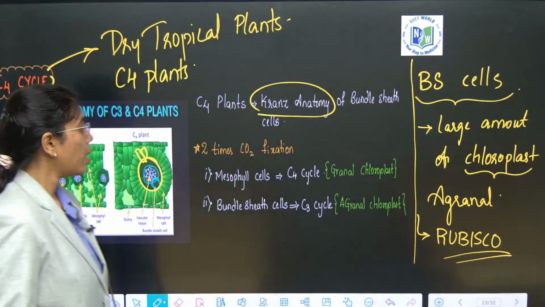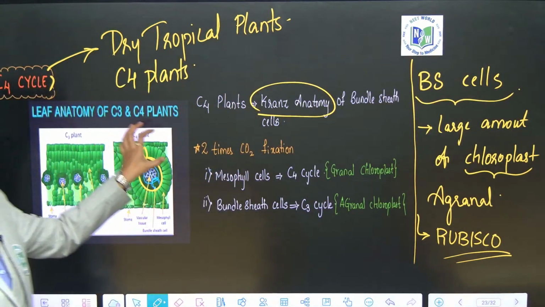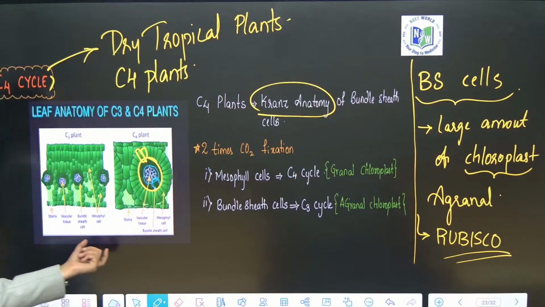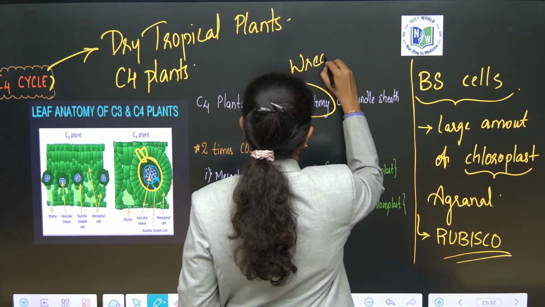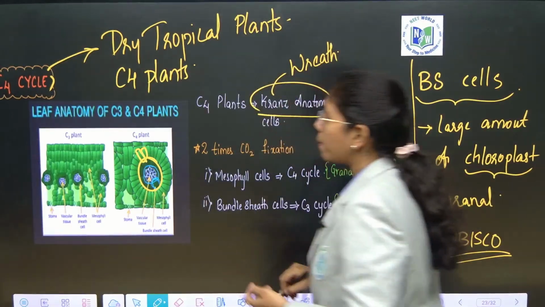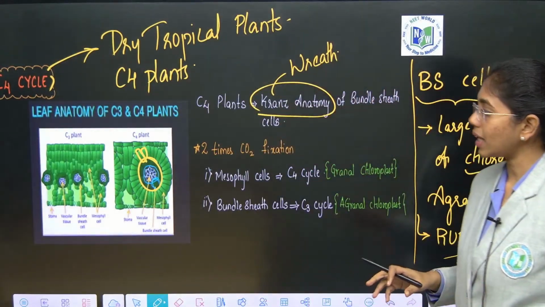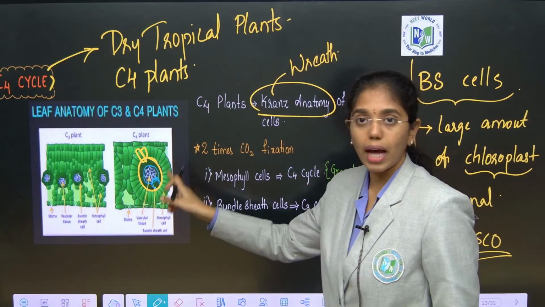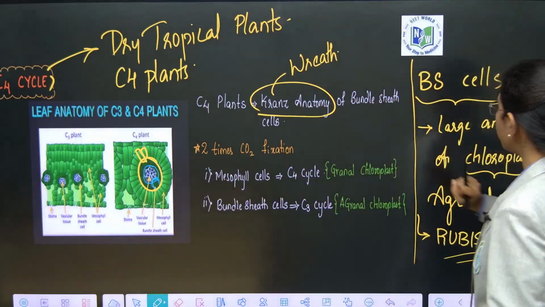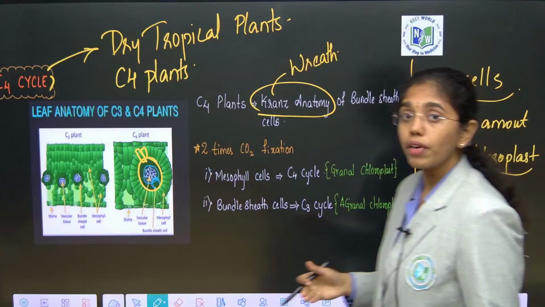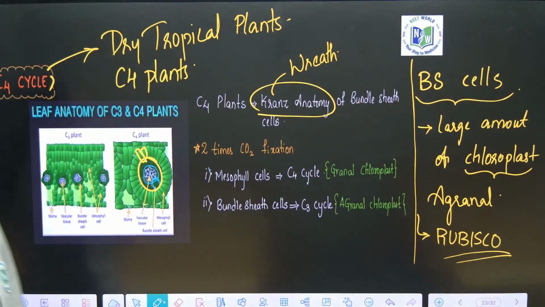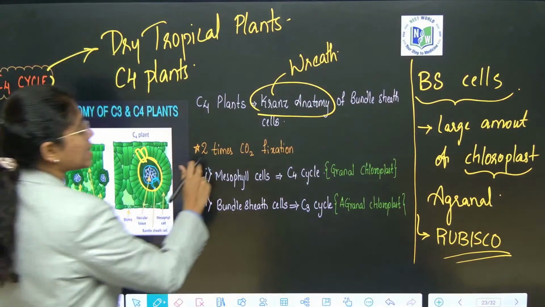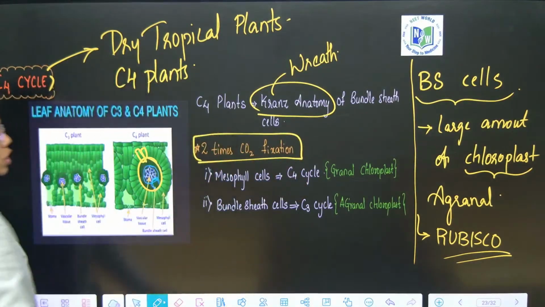Remember this point. Bundle sheath cells surround as a wreath. Kranz means wreath. Bundle sheath cells, which are large in size, surround the vascular tissue and contain a large amount of agranal chloroplasts. Here the second carbon dioxide fixation occurs.